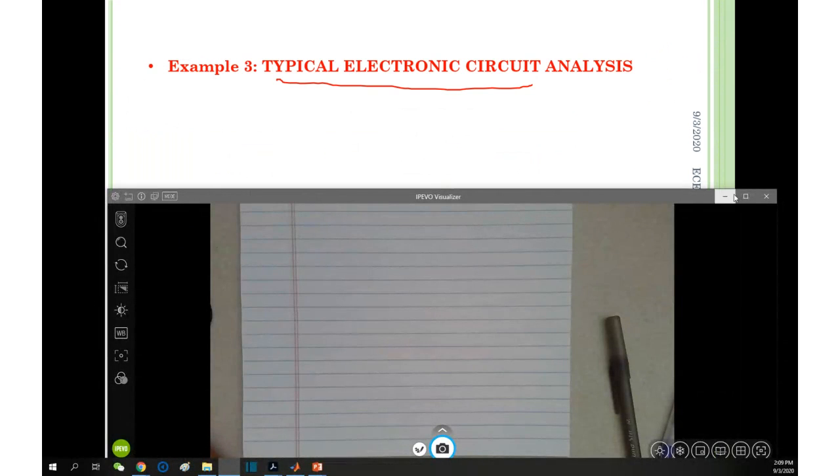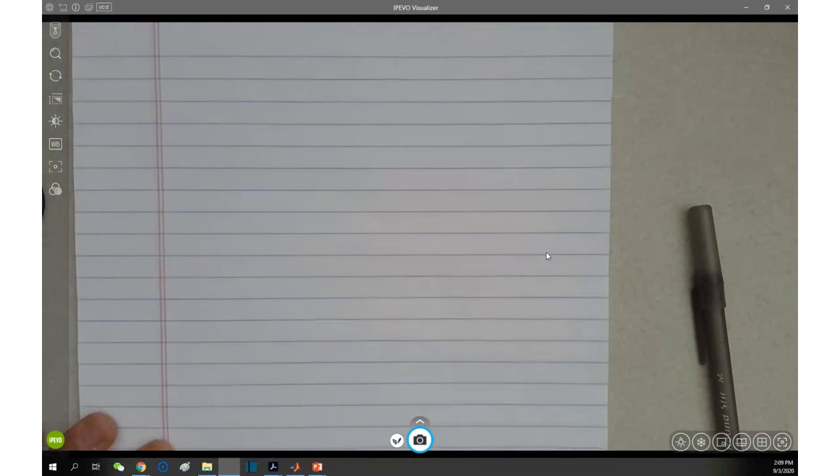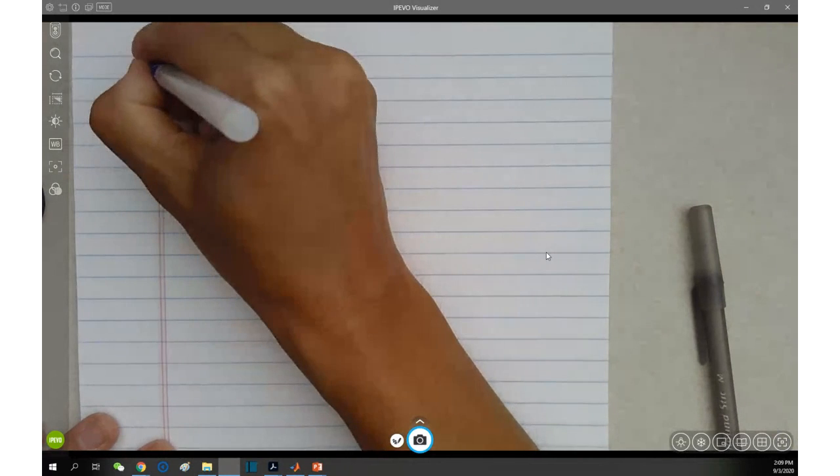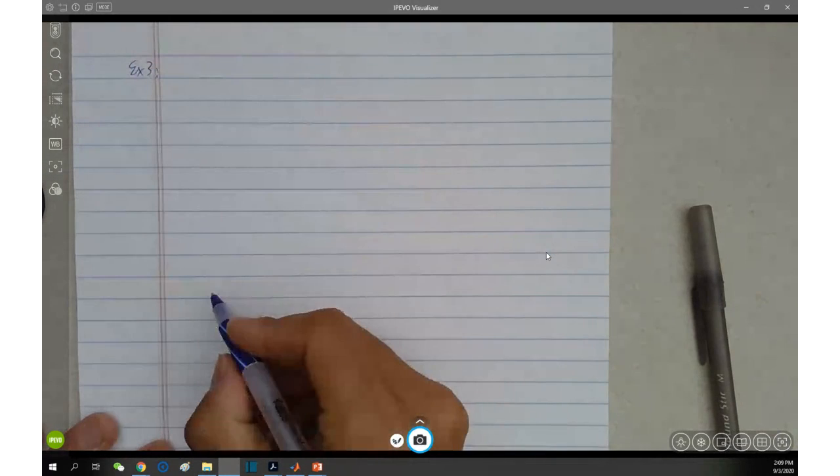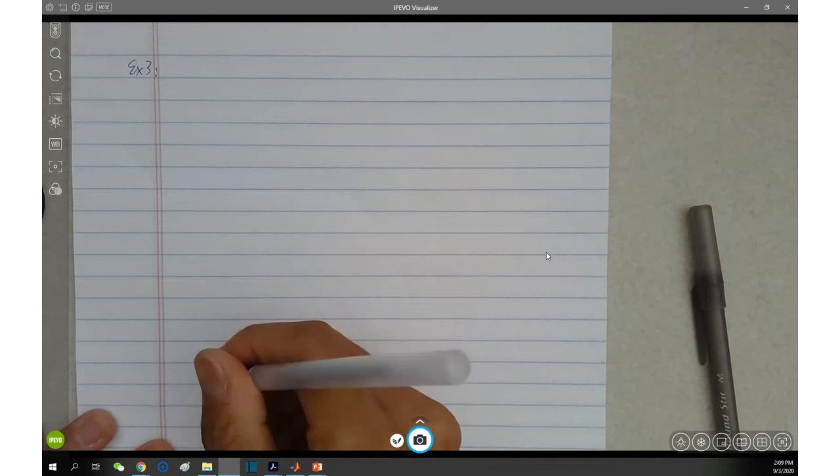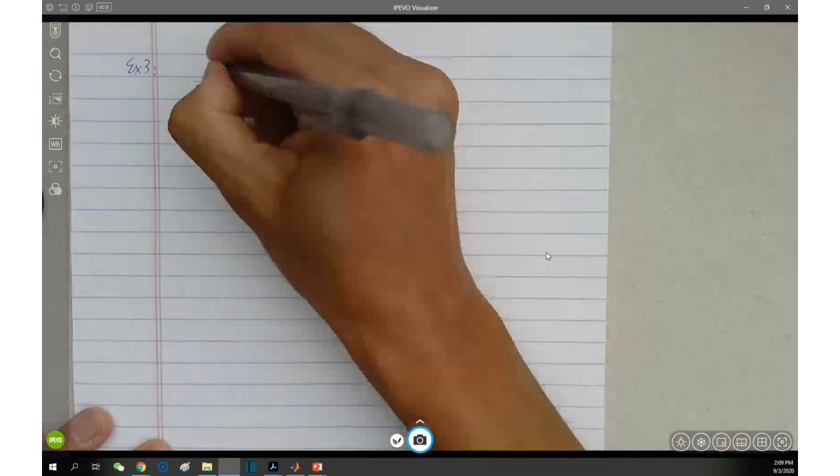Let me give you some example. Move on to the dock camera. Example 3. Okay, it's on your notes. The first circuit we're going to deal with looks like this.